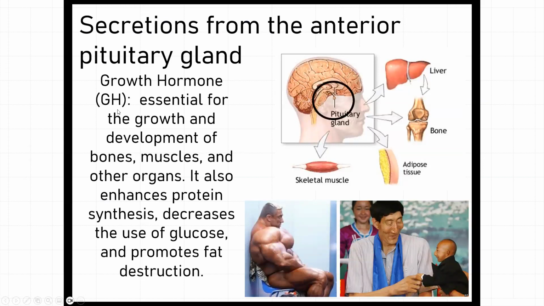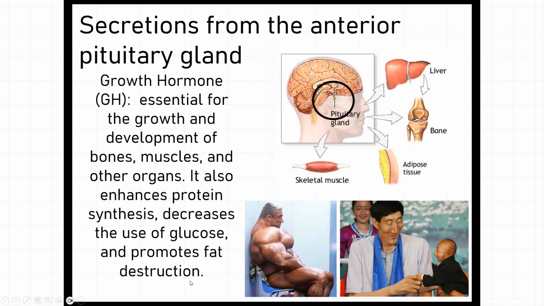Growth hormone is one of the hormones secreted from the anterior pituitary and is essential for the growth and development of bones, muscles, and other organs. It also enhances protein synthesis, decreases the use of glucose, and promotes fat breakdown.